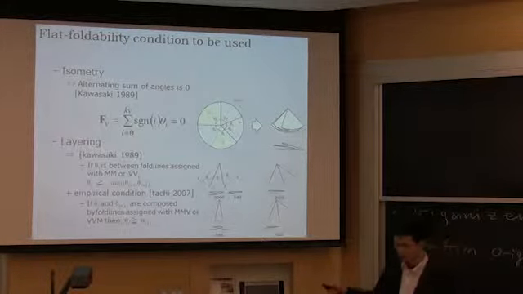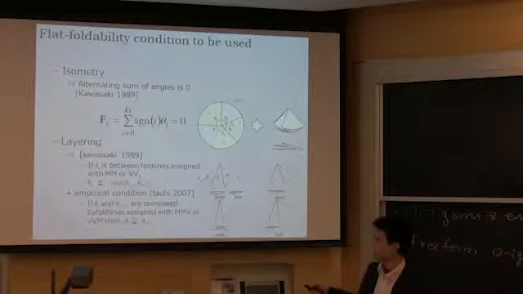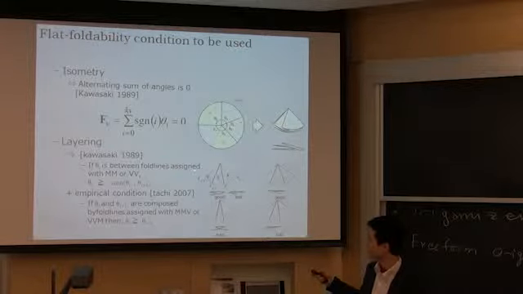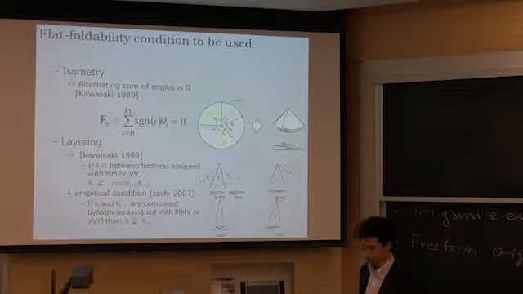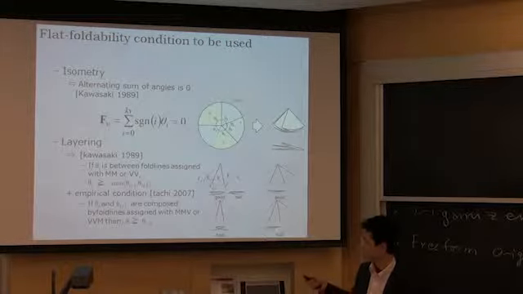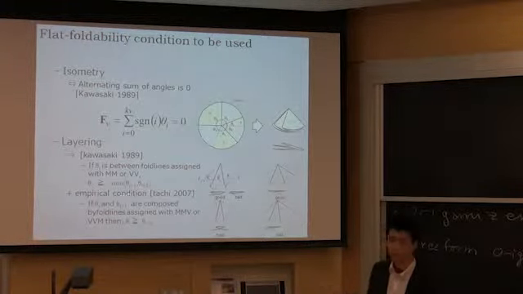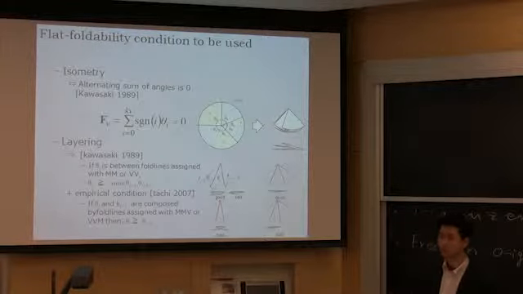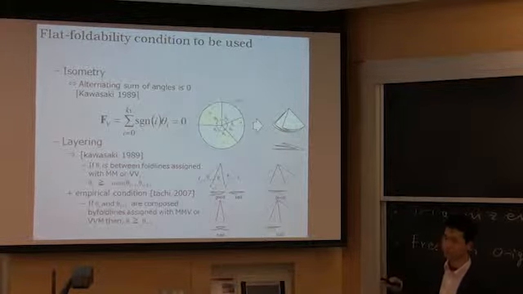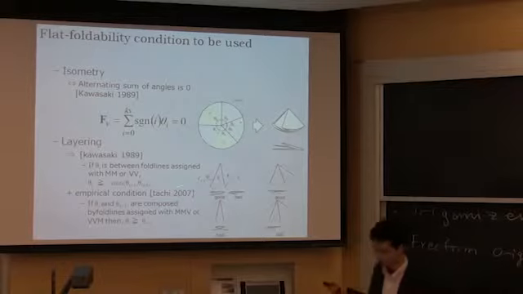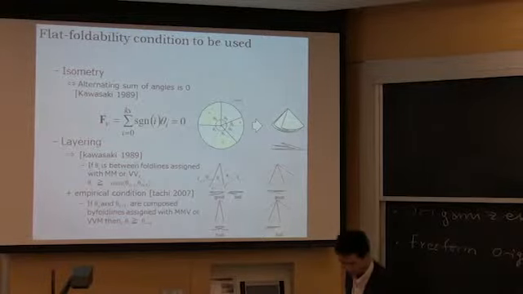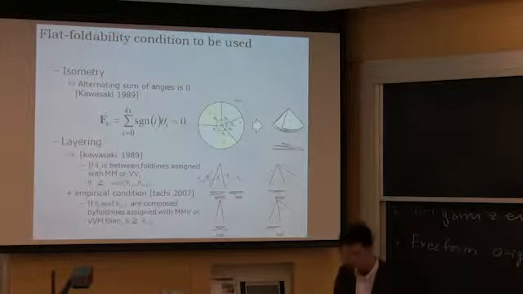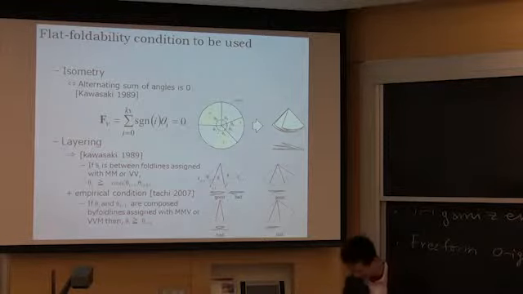The layer ordering is NP complete, but we can use, for example, a sufficient condition given by Kawasaki, or an empirical condition, which is basically given for each local adjacent angles. So it's very easy to implement, and it works. So we forget about the NP complete part.